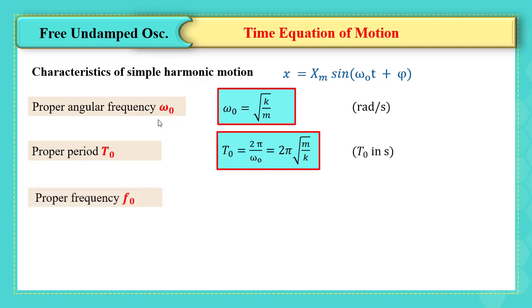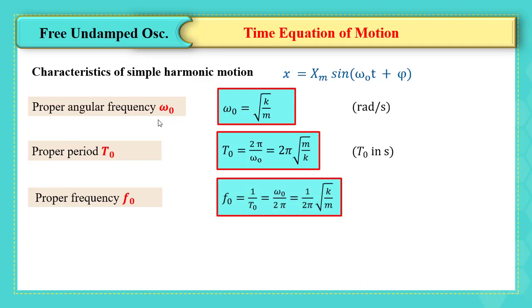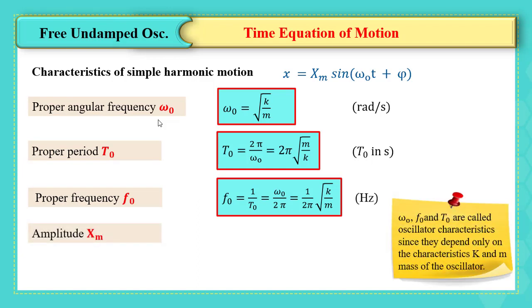The proper frequency is 1 over the proper period, which is 1 over 2 pi radical k over m. Then the amplitude xm. Note that omega 0, f0, and T0 are called oscillator characteristics since they depend only on the characteristics k and m of the oscillator.